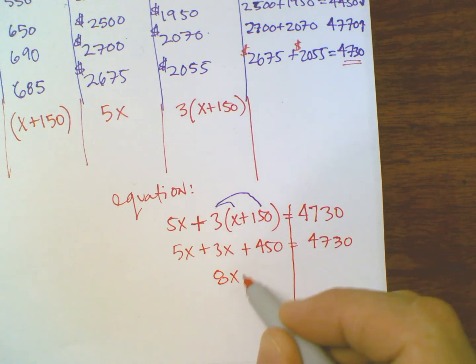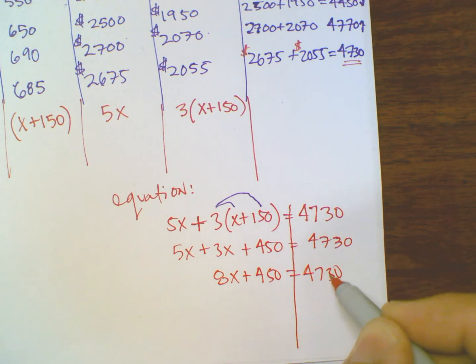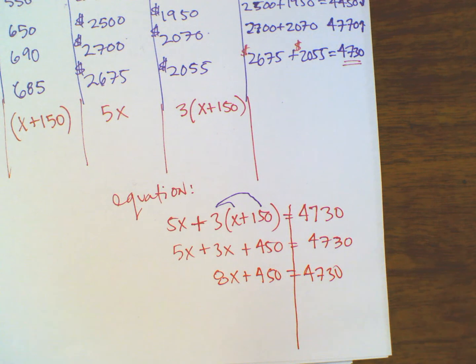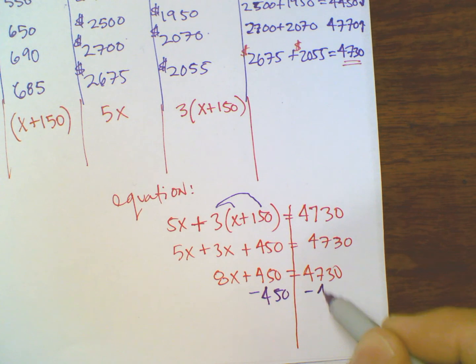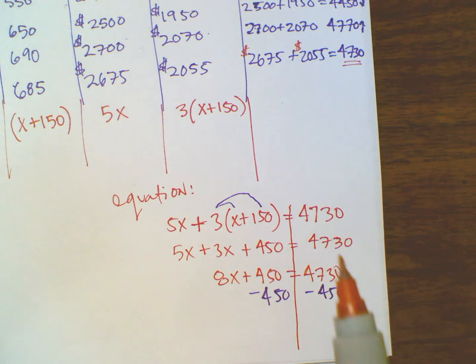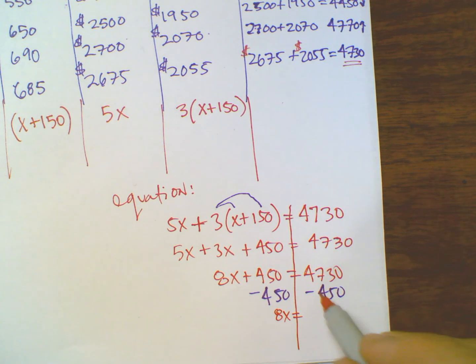Combine like terms, 8x plus 450 equals 4,730. Now, doing the opposite operations, remember the goal is to get x alone, so I'm going to subtract 450 from both sides. And when I do that, I end up with 8x is equal to, those two numbers subtracted is 4,280.